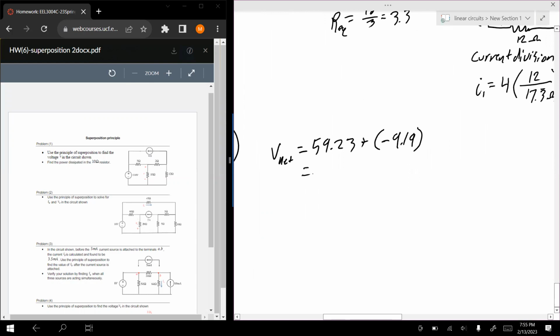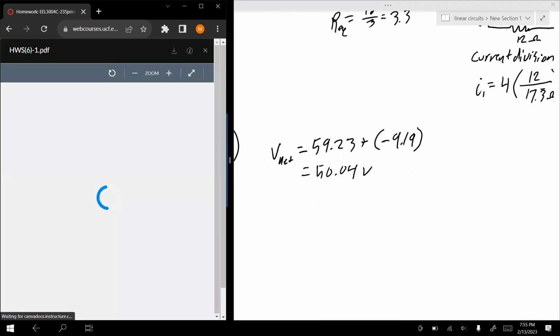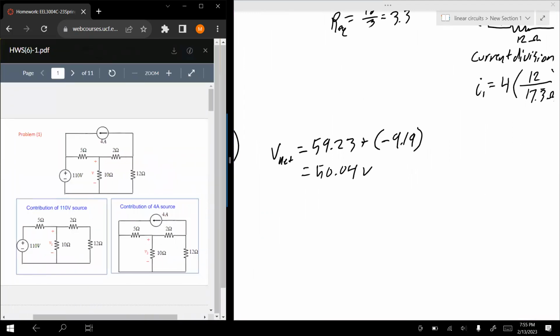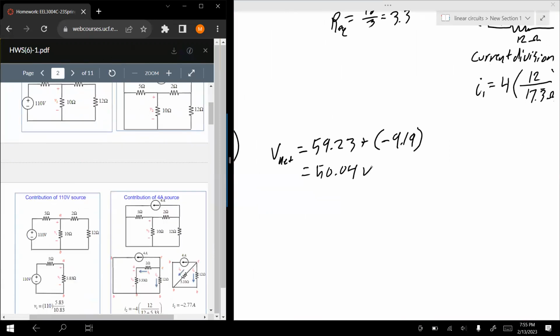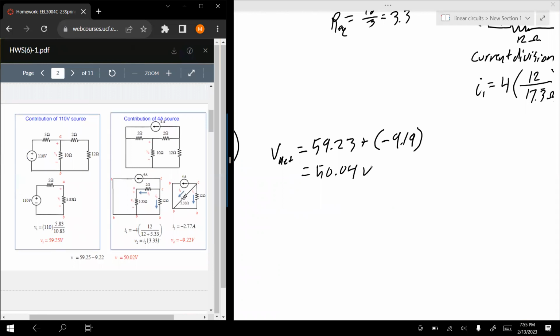So if we combine those, we get 50.04 volts. Let's check to see if our answer is right. So see, this is them splitting up the circuit. And then there you go.